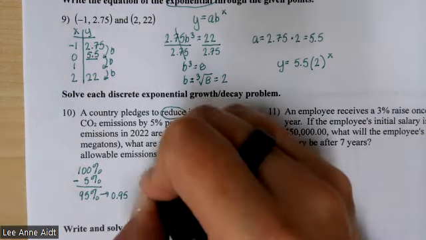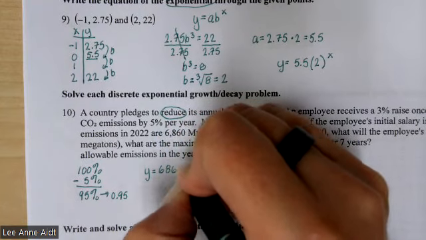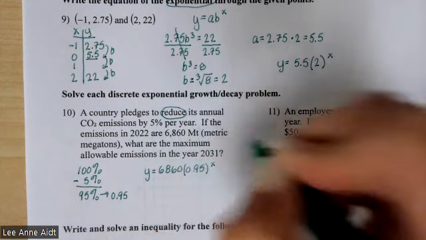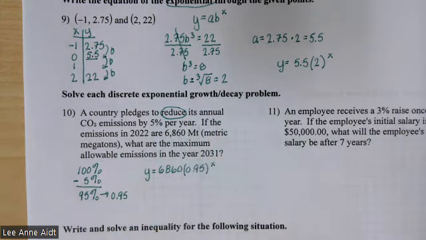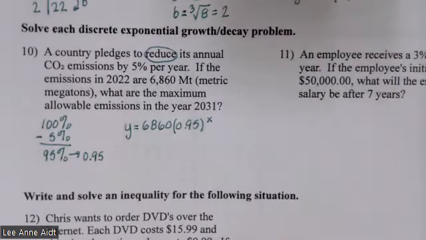Okay, so I have y equals the start times the multiplier to the x. And how many years later is 2031 from 2022? 9.